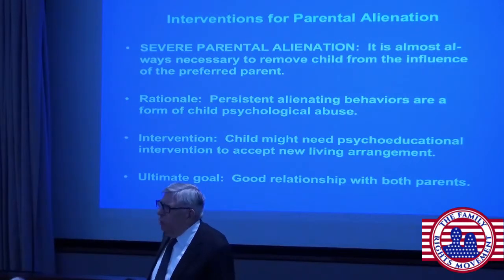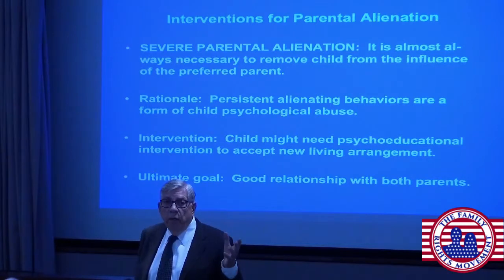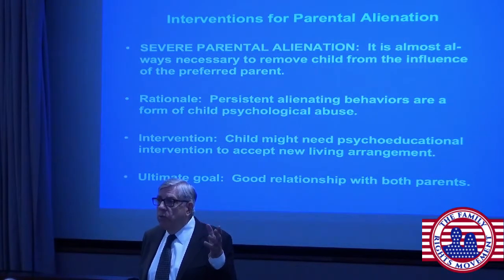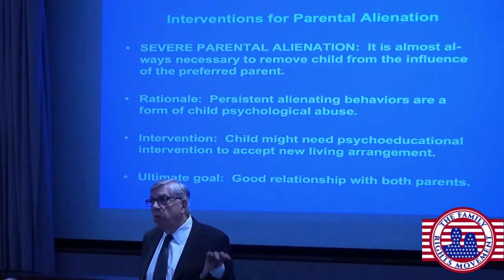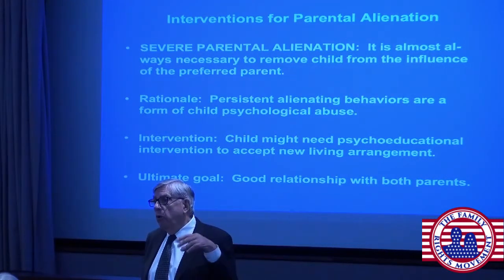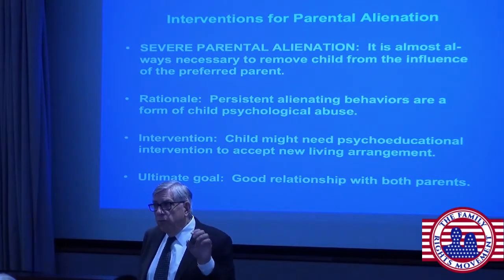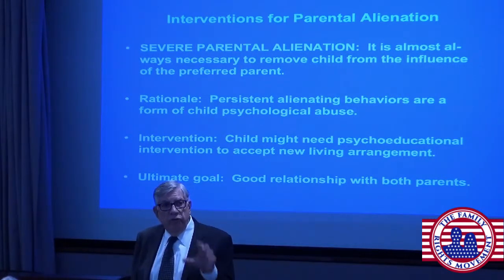Now, the question is, where should the child go? Sometimes they just go to the other parent. And sometimes that works out fine. Sometimes they need to go to a neutral place. I had a child once go to an aunt and uncle's house for a while. Sometimes they go to a boarding school to get away from both parents. Sometimes they need an intervention to help get through the transition.